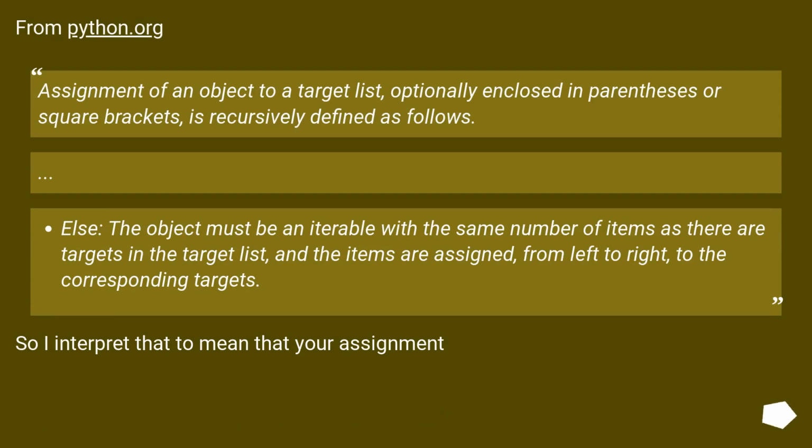From python.org: Assignment of an object to a target list, optionally enclosed in parentheses or square brackets, is recursively defined as follows. Else, the object must be iterable with the same number of items as there are targets in the target list, and the items are assigned, from left to right, to the corresponding targets.